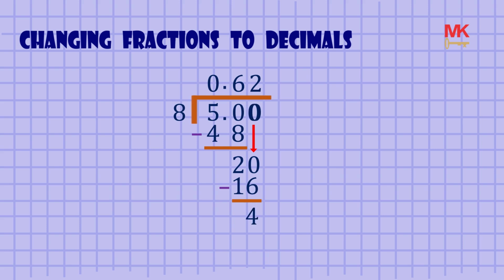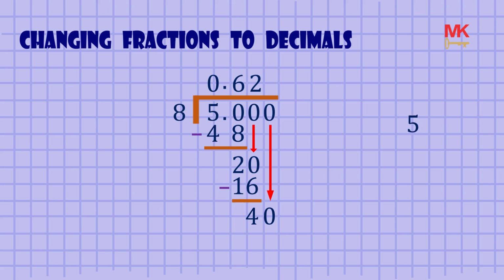Again, we add another 0, bring it down to make 40, so we can repeat the process another time. This time, 8 divides into 40 exactly 5 times, leaving no remainder.